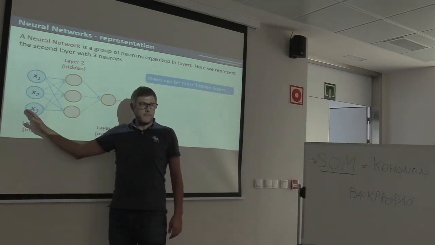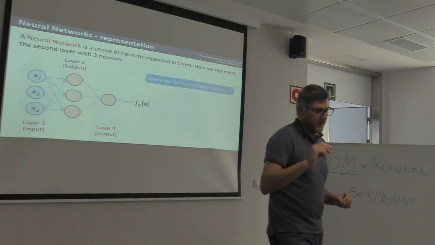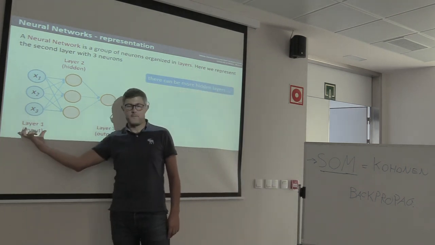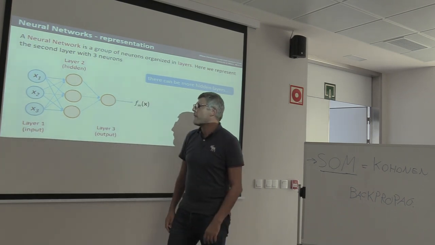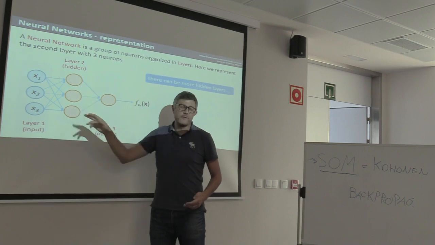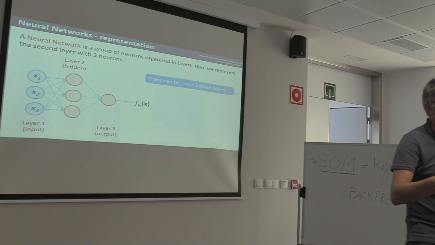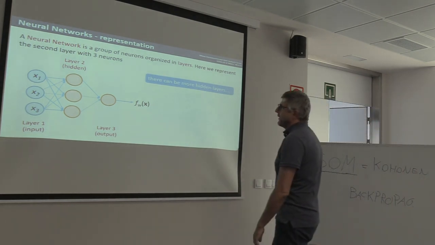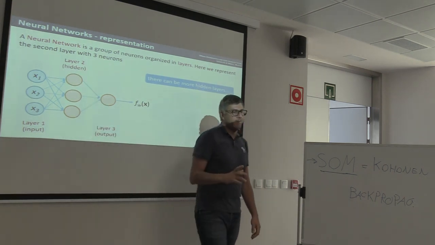These are the 3 variables. In the terminology of neural networks, this is called the first layer or input layer. Then you can have a network of neurons, because they have to communicate with each other, and these neurons are organized in layers.